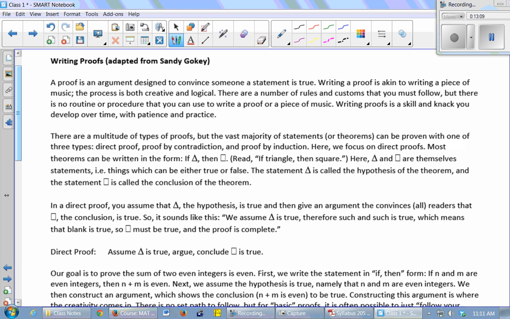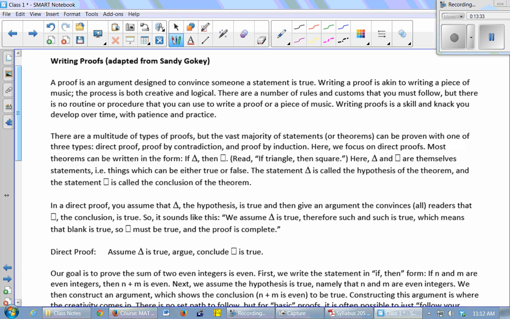The process is both creative and logical. There are rules and customs that you must follow, right? But there is no routine or procedure that you can use to write a proof or a piece of music. There is no, this is the way. Just follow this procedure and you'll have a song, right? You can't do that. It's the same with a proof.